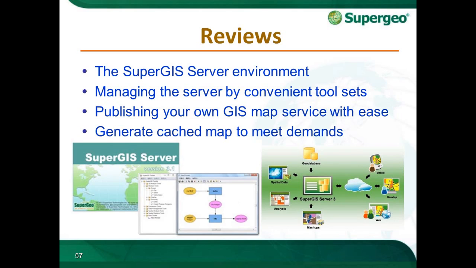We also talked about how to manage the server with a convenient toolset, and to publish your own GIS map service with ease. With the web-based management tool, you can publish your own GIS map service and create the web application, which is a JavaScript-based HTML web page. In the final part, we talked about how to generate the cache map to meet different demands. You can generate the cache map via the SuperGIS Server map cache tool, or by the SuperGIS Desktop Cache Generator.